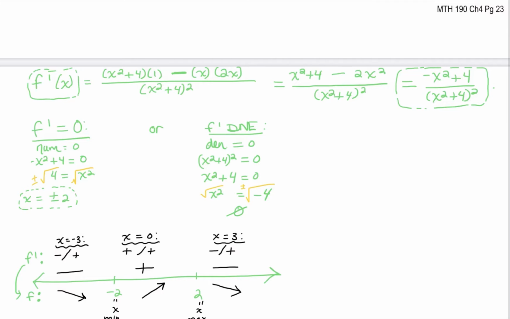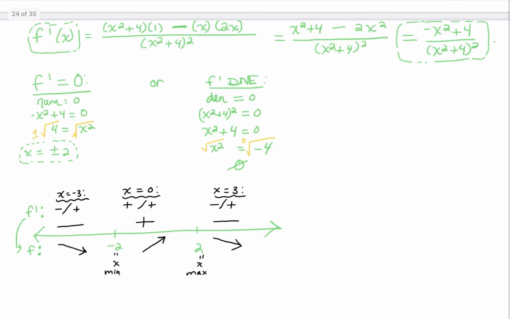All right, so if we wanted to write this out as an ordered pair, this is going to be -2, subbing back into the original function. Remember, the original function was x over x squared plus 4, so f of -2 is -2 over -2 squared plus 4. Of course, that's 4 plus 4, so you're going to have 8 in your denominator.